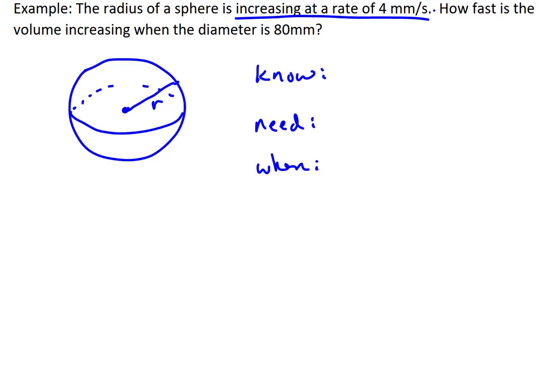So we're going to use our calculus understanding. When you see the word rate, that's your clue that there's probably a derivative involved. We've understood derivatives as instantaneous rates of change.